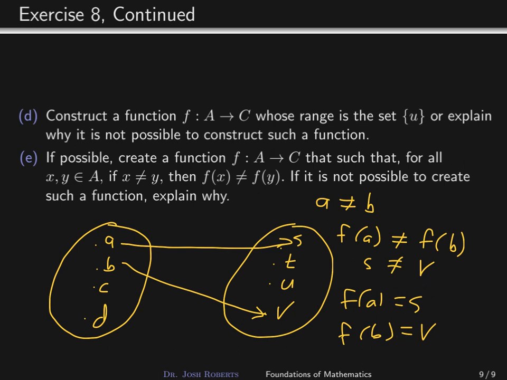So is it possible to finish this? Can you tell me where C has to go and D has to go so that it's going to be true for all of them? And I think it's kind of obvious what that works.